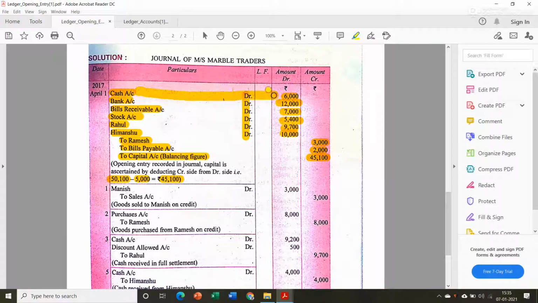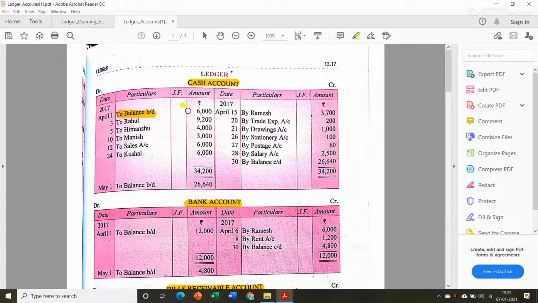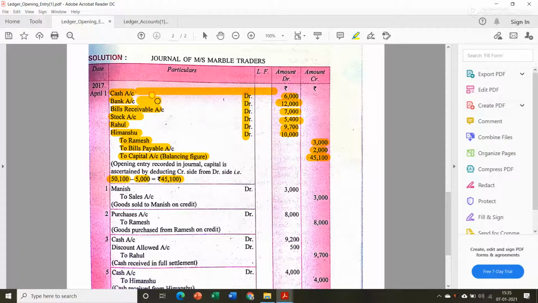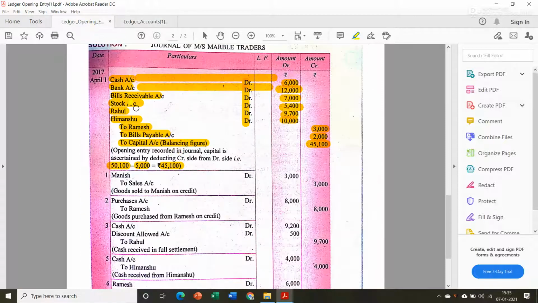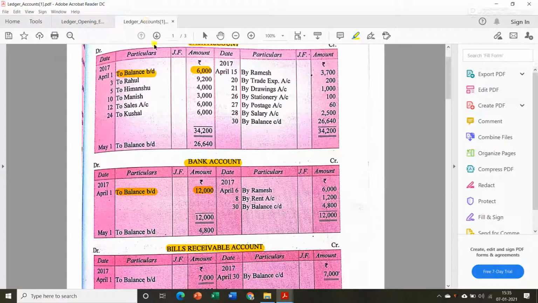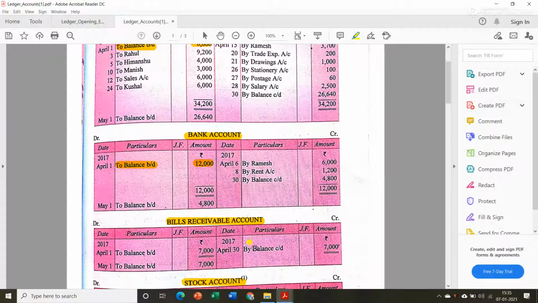Cash account is having 6,000, so we will write 6,000 here. Then bank account is showing a debit balance of 12,000, so in bank account we will write on the debit side 'To balance brought down' 12,000. Then bills receivable account is showing a debit balance of 7,000, so we will write on the debit side 'To balance brought down' rupees 7,000.